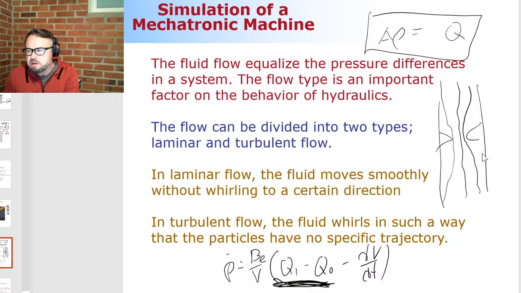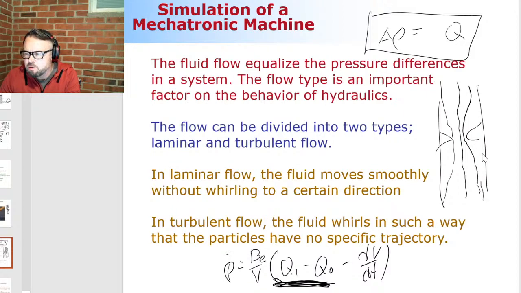What is the alternative? When the pressure difference starts to increase, now we're speaking about a pressure difference of more than 5 bars, it could be 100 bars, maybe even more, then the flow type will be turbulent flow.